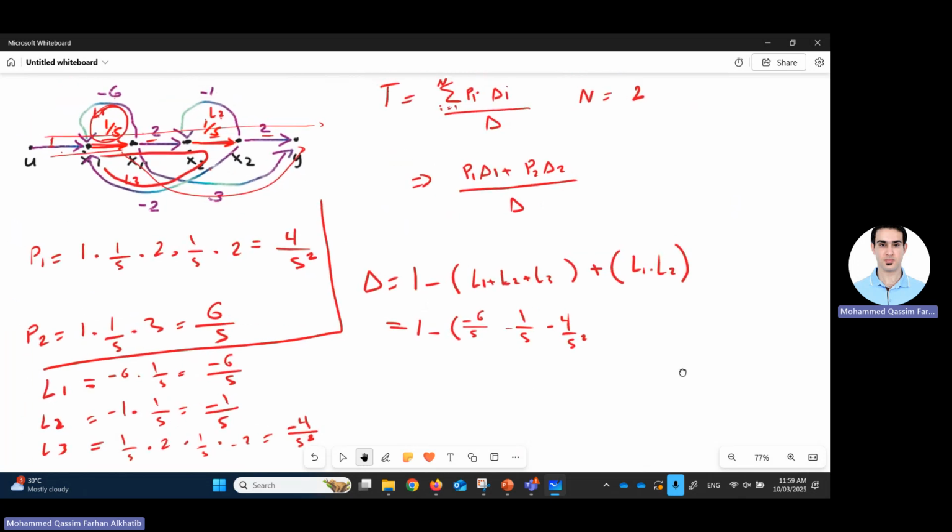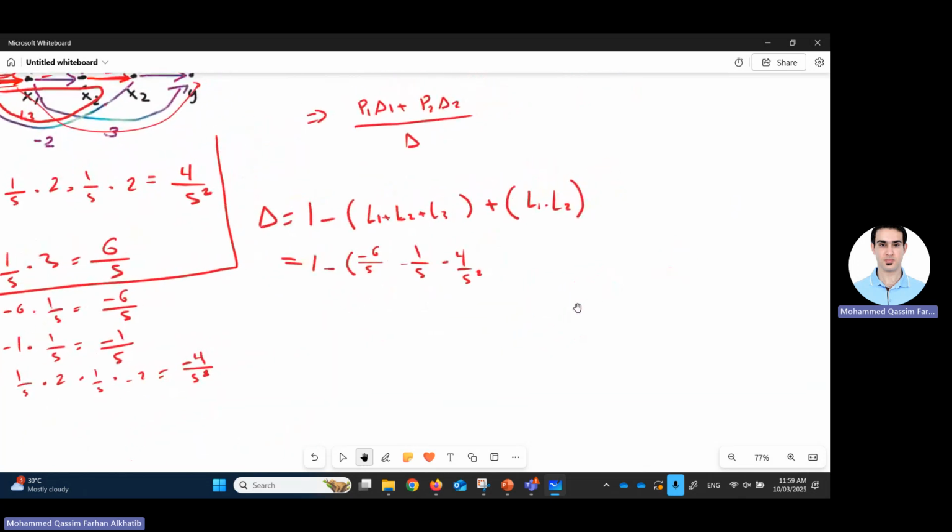Let me just double check. They're all negative. Okay. Plus L1 times L2, negative 6 over s times negative 1 over s. And in this case, let's simplify. 1 minus, so s squared to unify the denominator.